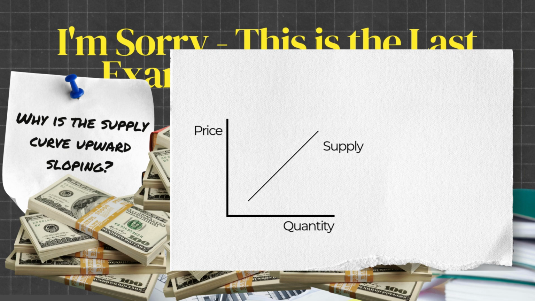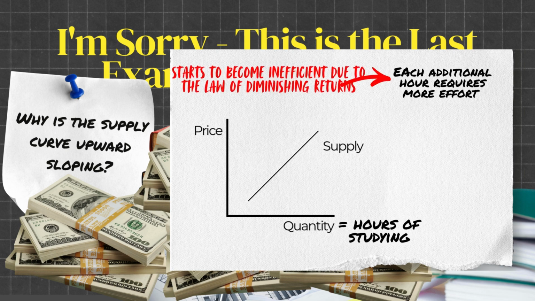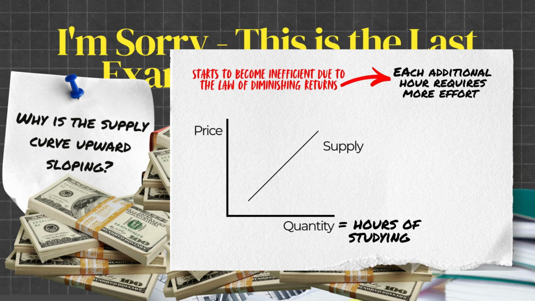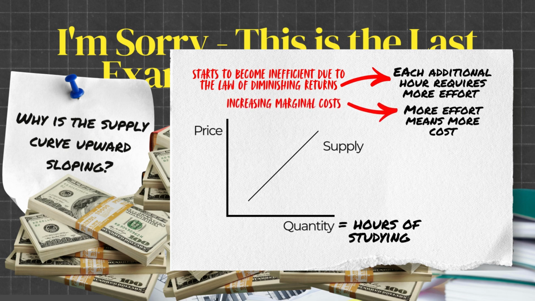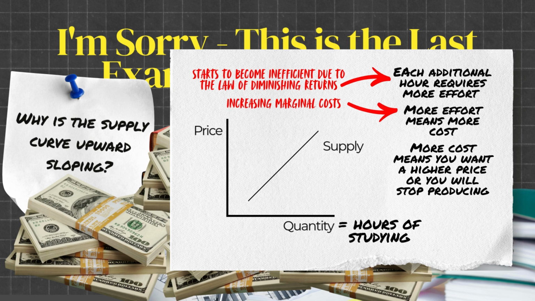The longer you study, the harder it gets to focus, right? It was pretty easy to focus the first hour, but after 5 hours, it takes a lot more effort. And your effort is basically the marginal cost of studying. So the longer you study, the more money you'll want to study for an additional hour. It's the same for businesses. As production continues, it takes more effort and therefore more money to produce additional units.